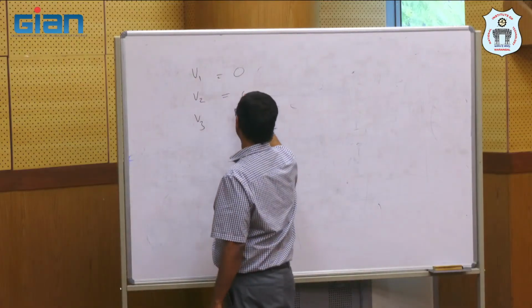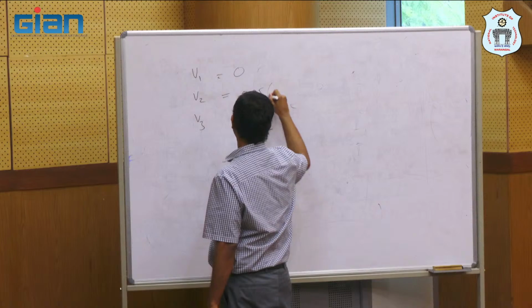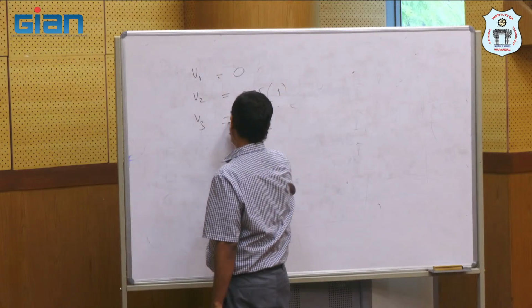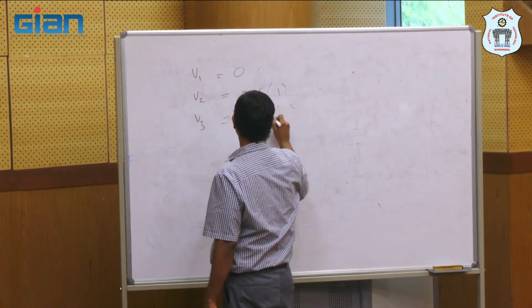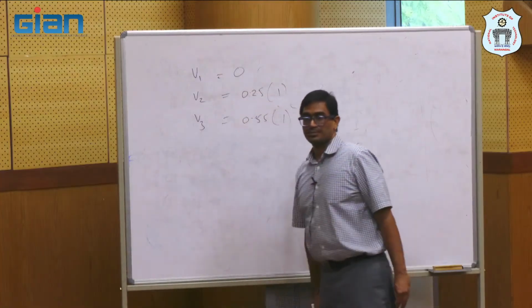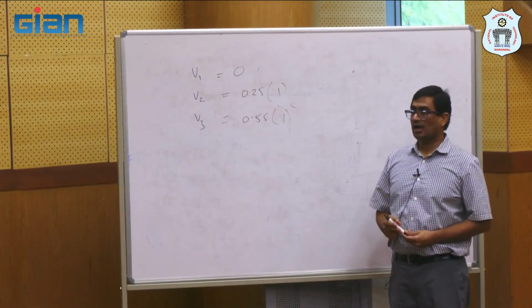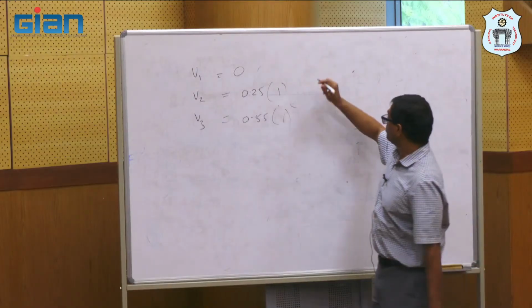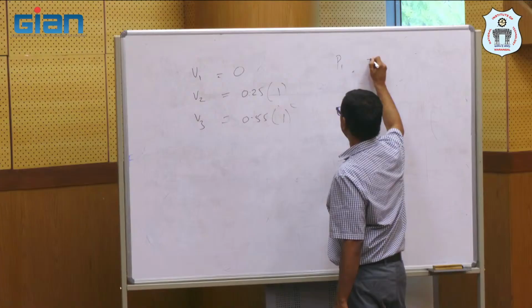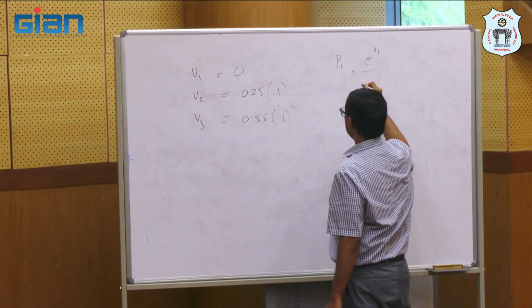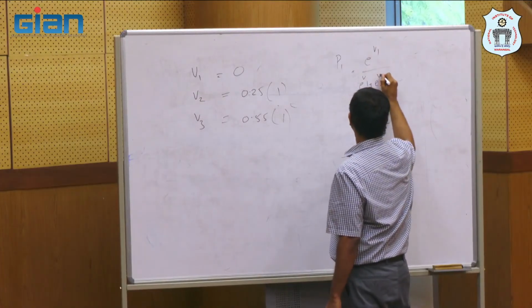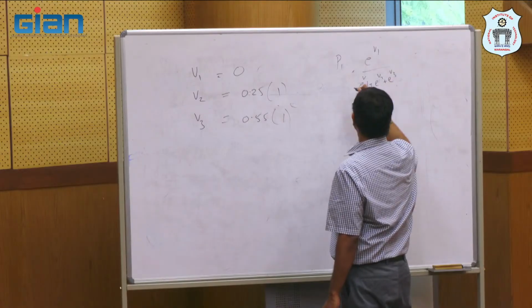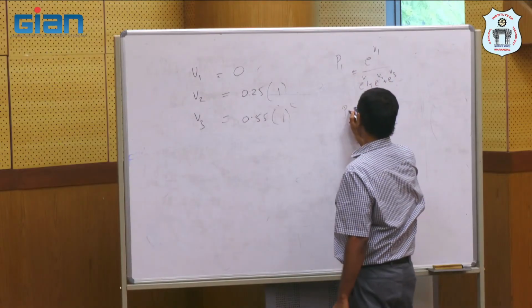Here, it will change by 0.25. Let's say we increase by $1. This will increase. Okay. So now, what can we say about probability? Right? So P1 will be e to the power V1 divided by e to the power V1 plus e to the power V2 plus e to the power V3. Let me write.